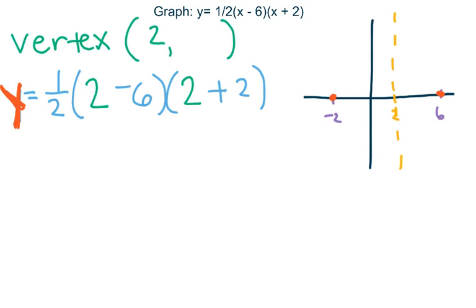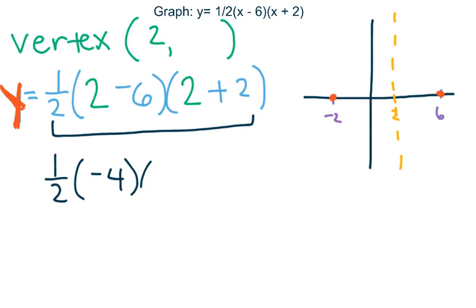What is my y? Well, that means we are going to put our values in our calculator, on our phone, or in our head, because this is really easy, simple math, and we're going to figure out what our y value equals. So I have 1/2. 2 minus 6 is -4. 2 plus 2 equals 4.